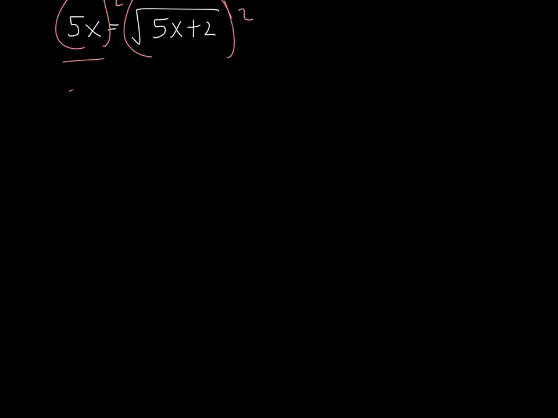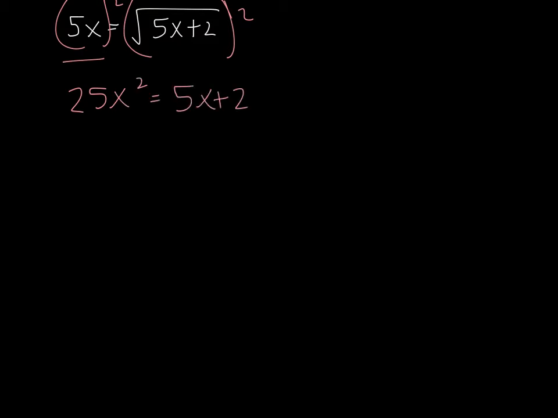Also, be comfortable solving square root equations, cubic root equations. So this one is 5x equals the square root of 5x plus 2. So you're going to square both sides. So be careful, and this is 25x squared equals 5x plus 2.